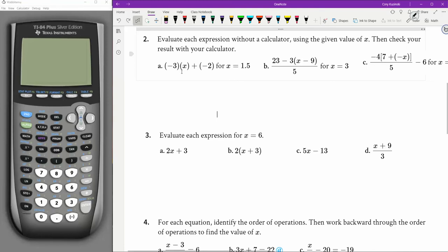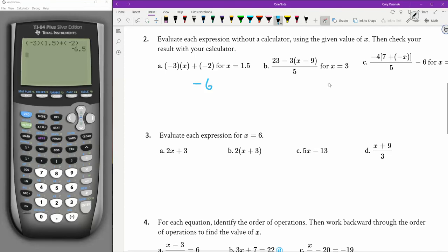So 1.5 times negative 3, oh boy, that's negative 4.5. And negative 4.5 plus negative 2 is negative 6.5. So negative 3 times 1.5 plus negative 2 is negative 6.5. Got it.